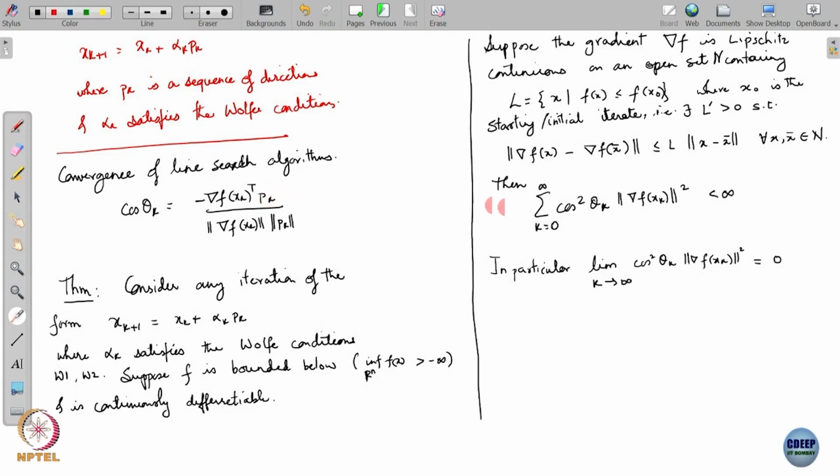It tells you that if p_k is chosen so that, say, cos theta_k is always equal to some epsilon, rather, since you already have a minus sign there, this is equal to epsilon, say.